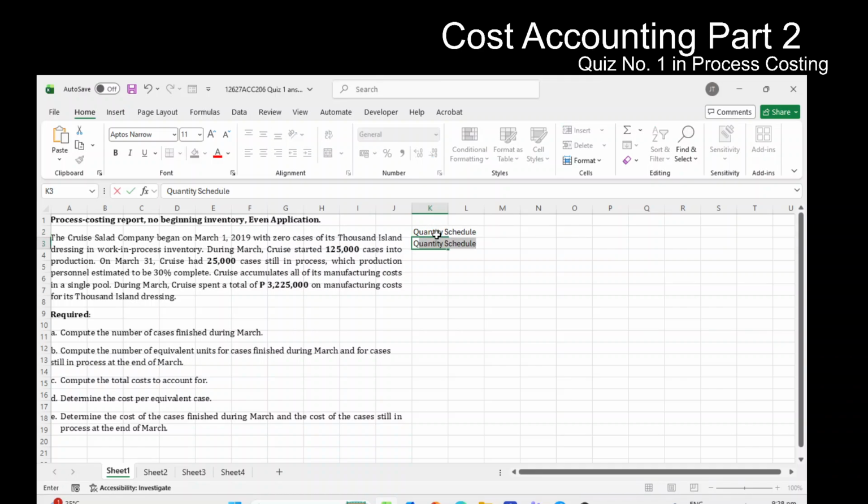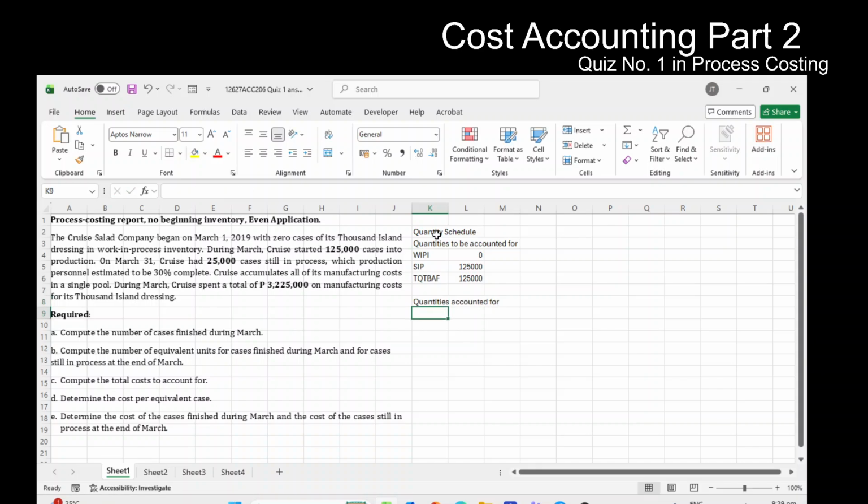We have quantities to be accounted for, starting with work in process inventory beginning, which is actually 0, and started in process 125,000 cases. The total quantities to be accounted for should be 125,000. After that are the quantities accounted for.